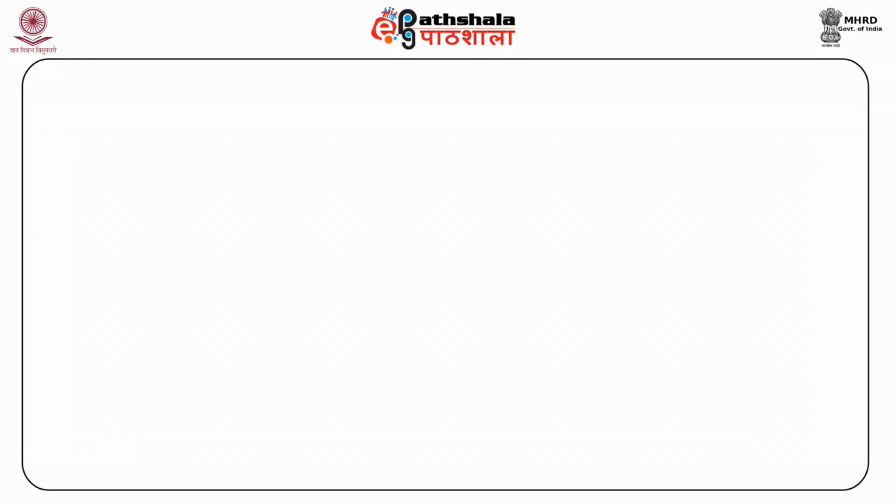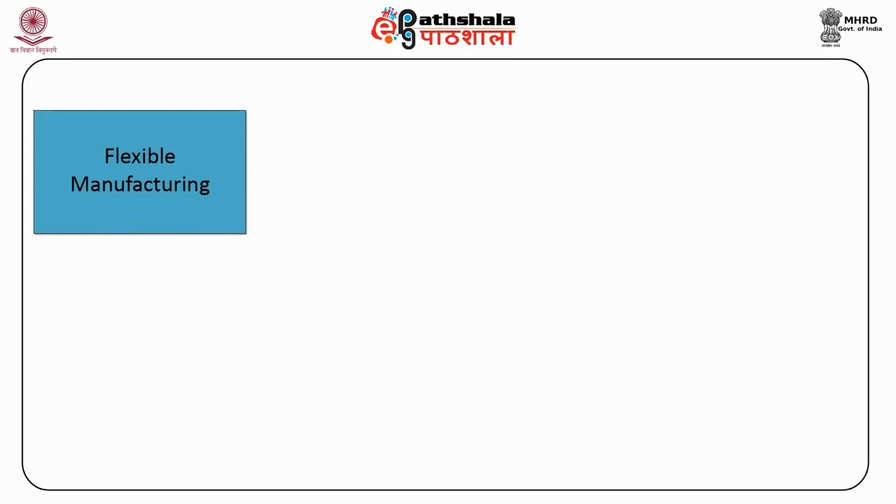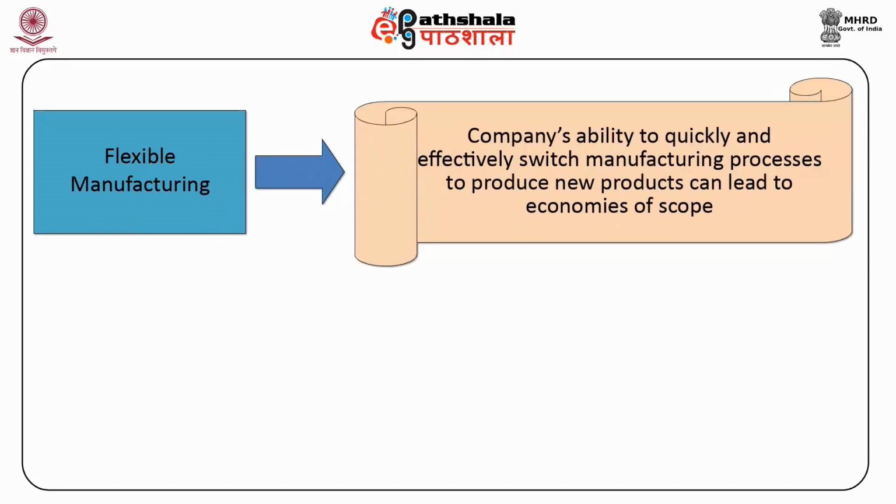Let us discuss how to achieve economies of scope. Flexible manufacturing. A company's ability to quickly and effectively switch manufacturing processes to produce new products can lead to economies of scope. The cost of switching is low and multiple products can be produced using the same resources. Diversification.